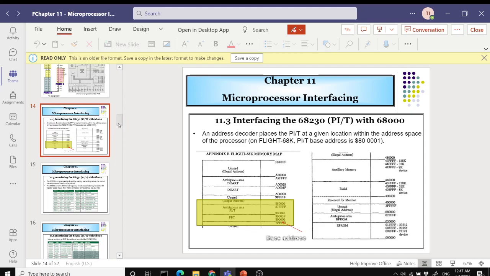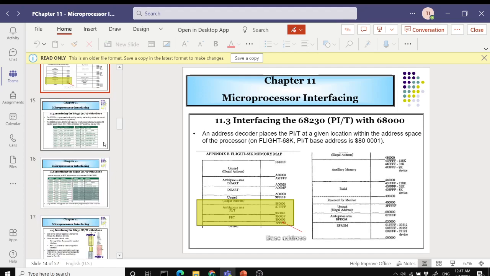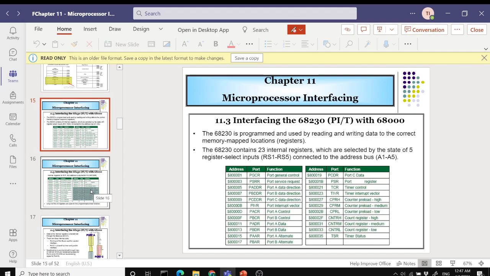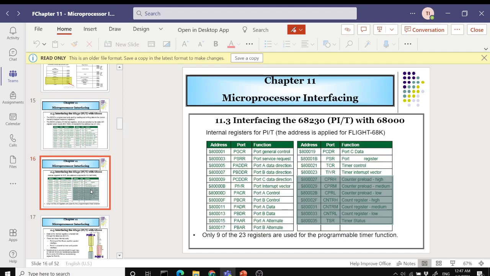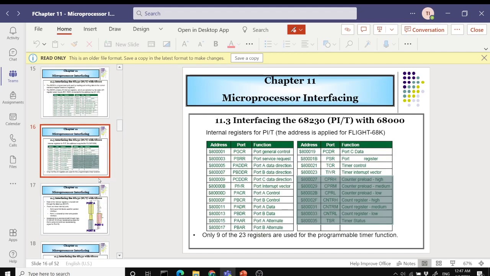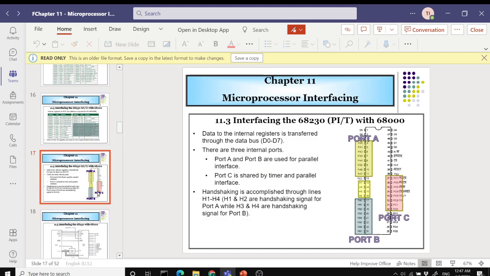So for this particular slide, I'm going to stop here. If you want to go into detail on how to program your 68230 PIT, you can check by yourself, like how it's connected to the data bus and everything, how the handshaking is accomplished.